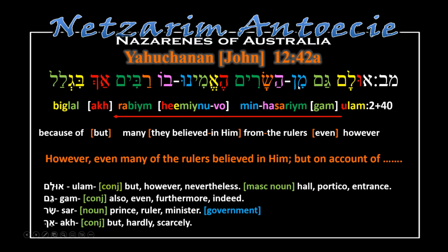Min, meaning from, ha-sarim. Now, what sar means? Sar is a noun for prince. That's why we call Yeshua Sar Shalom, Prince of Peace. But it can also mean ruler, or a government minister. So we'll call it the rulers. From the rulers.